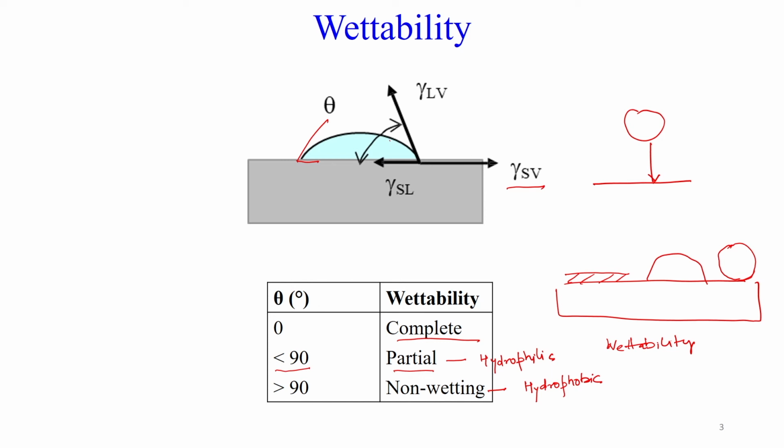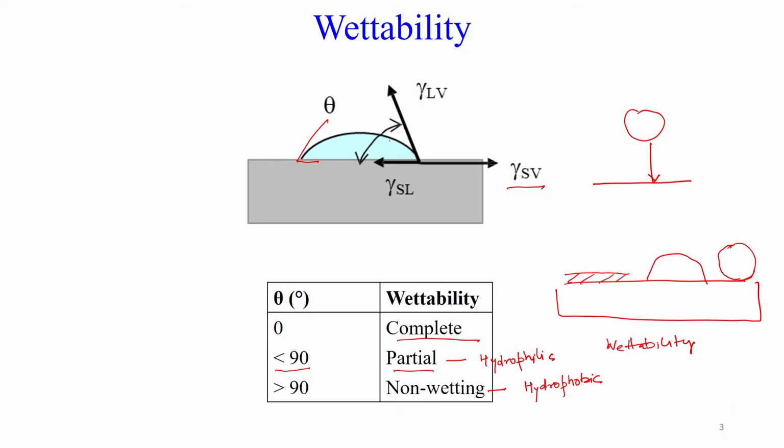So, we can define wettability easily in terms of contact angle, and depending on the contact angle we can classify the surfaces as a completely wettable, partially wettable or non-wettable surface. So, it is either hydrophilic or hydrophobic.